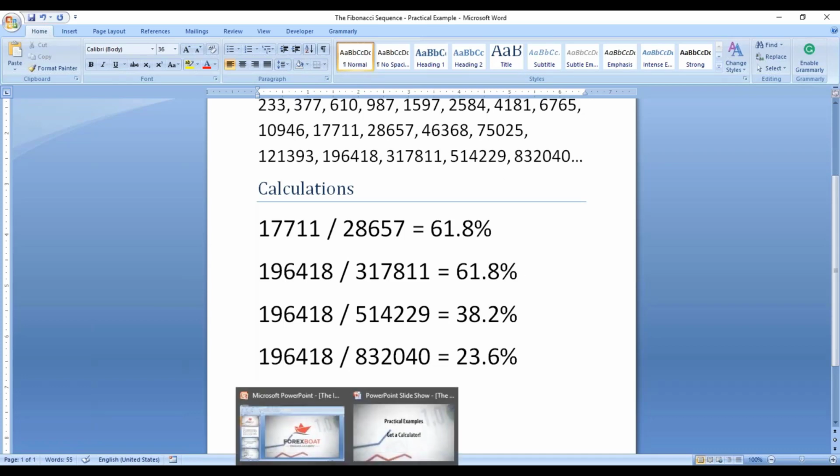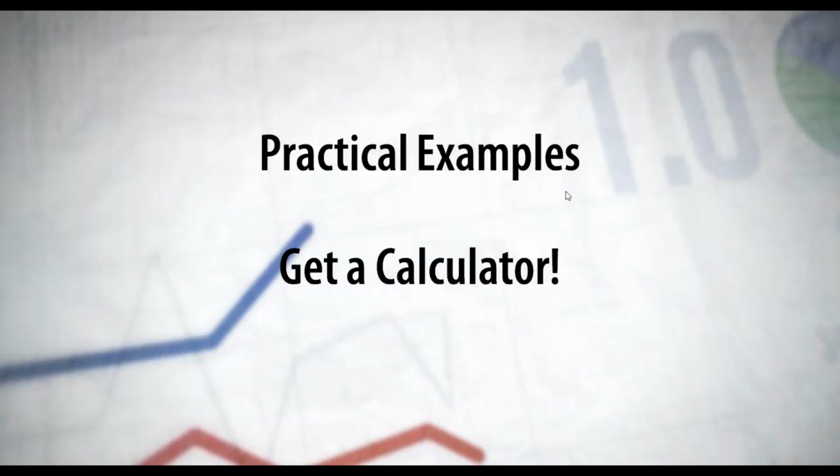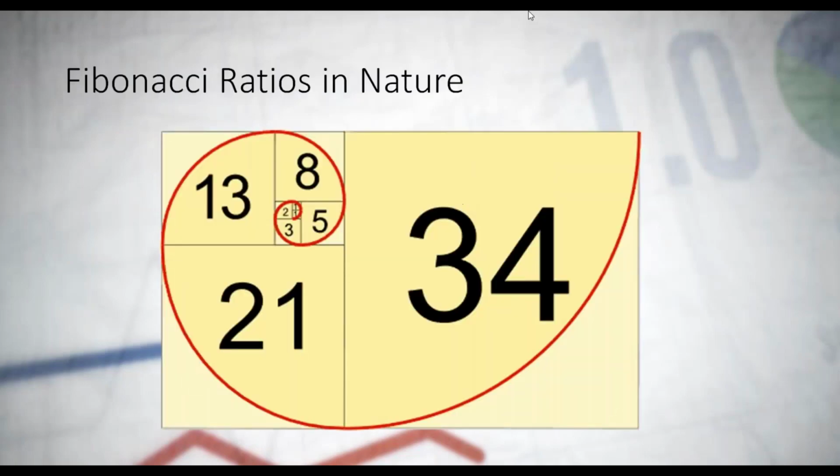Now I'm going to pop up the chart again. Here it is. And we're going to discuss some nature stuff. The interesting thing is that the Fibonacci ratio is all built by this spiral over here, you see. So you see the small squares inside.